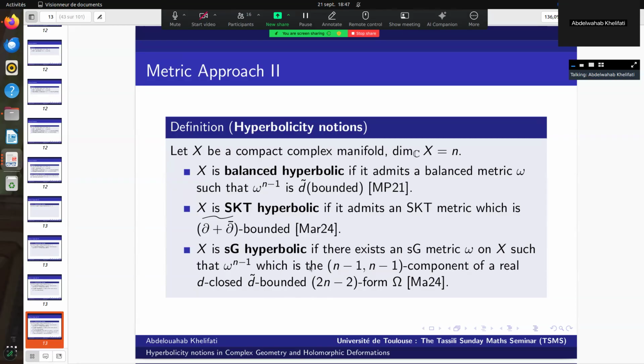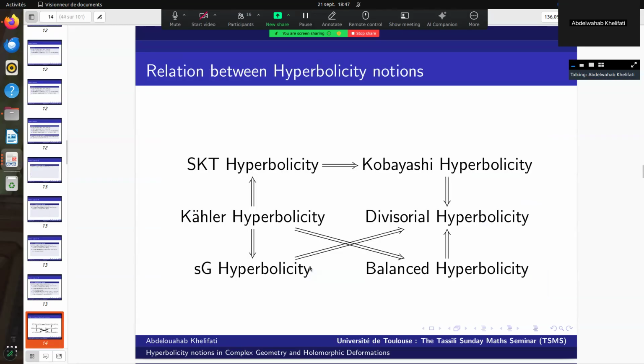So how do all these notions interact? They interact in the following manner. Let's say that we can separate this diagram into metric notions and geometric notions. And the most important thing to keep from this diagram is the importance of the metric properties.